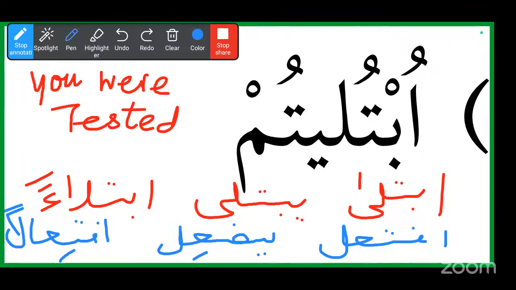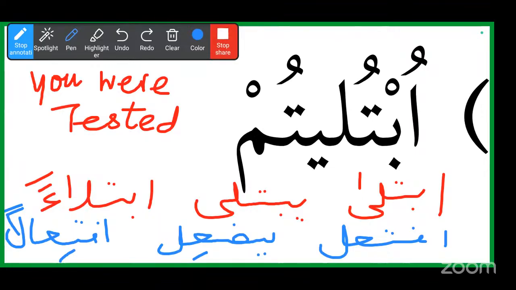So ibtala'a changes to ibtala and yabtali'u changes to yabtali. This is a detailed lesson.